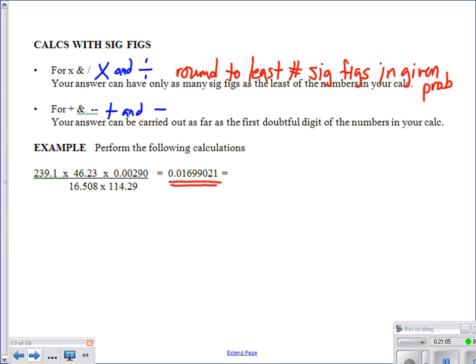You might think it is, but it's not. You now need to round this to the correct number of significant figures. So based on this rule, think about it for a second, and you should be looking at this part right here. What is the least number of significant figures in your problem? Don't say it, but show me with your fingers.